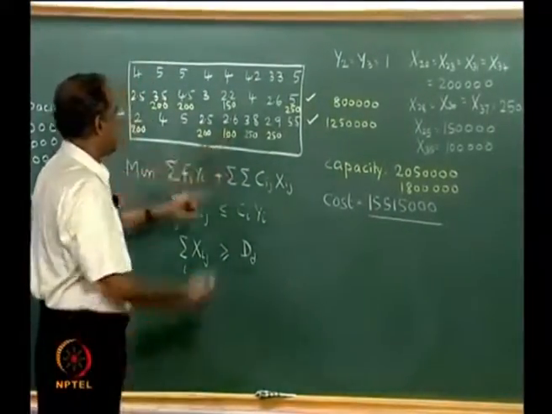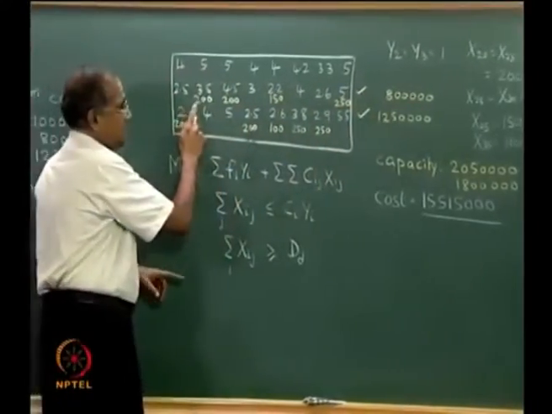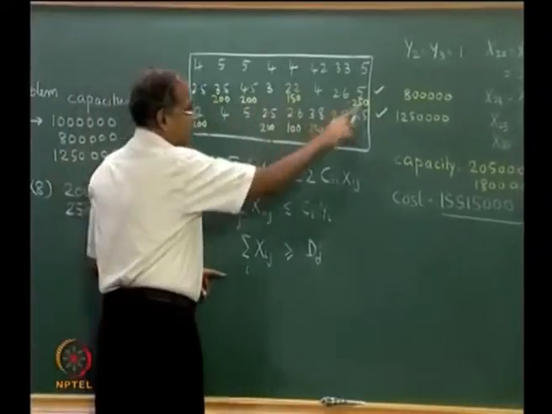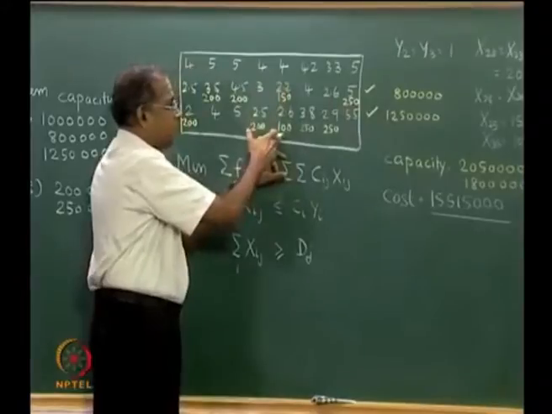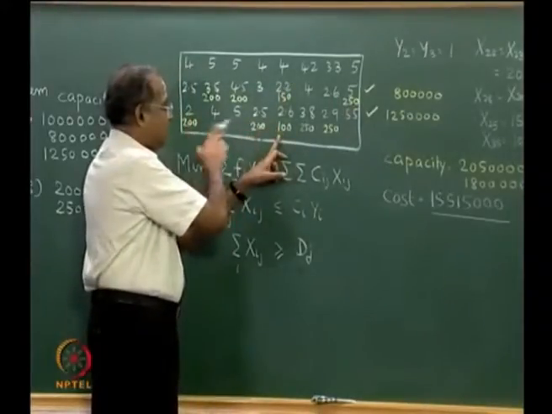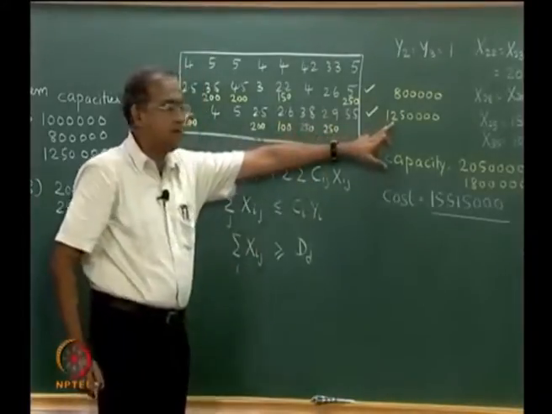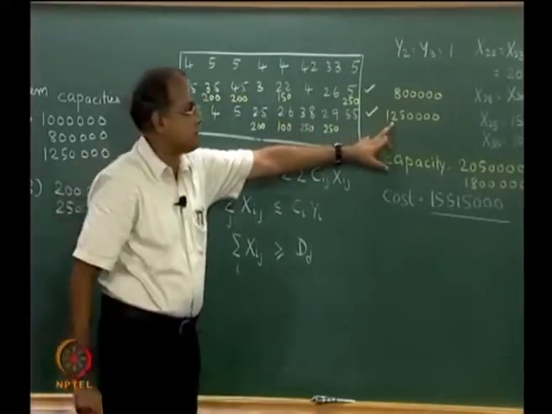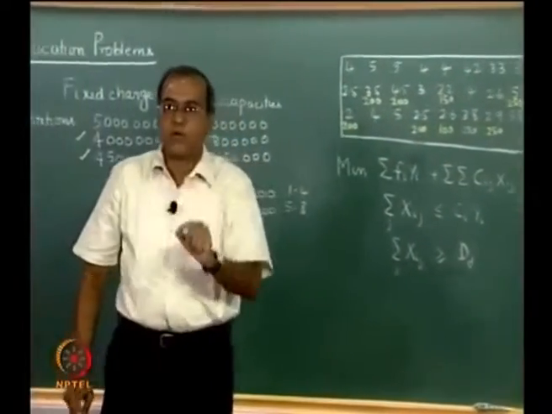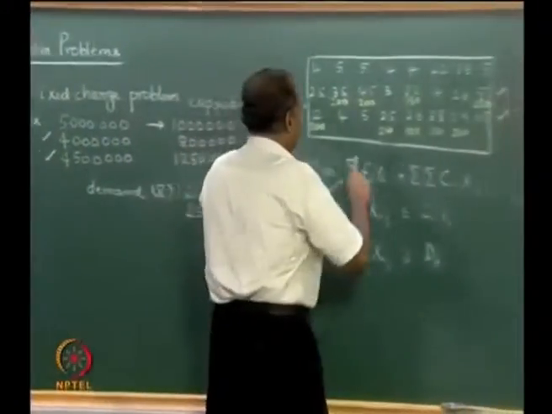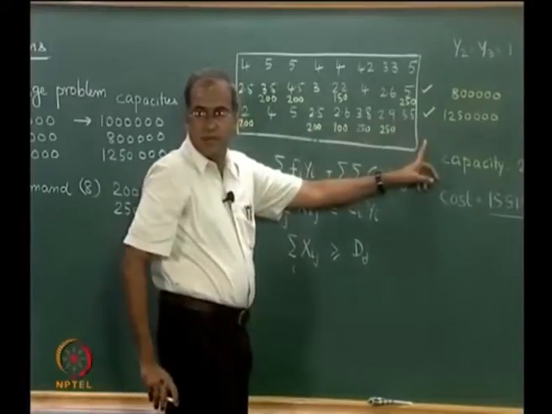This will have enough capacity to meet it; this 800,000 will be spent as 200 plus 200 plus 250, about 150 will not be used here, this entire 150 will move here to get 200, 200, 250, 250 and 250, and it would still be within the 1250000. So, the solution there will still be x35 equal to 1, which means all the demand of 5 will be entirely met from supply 3.